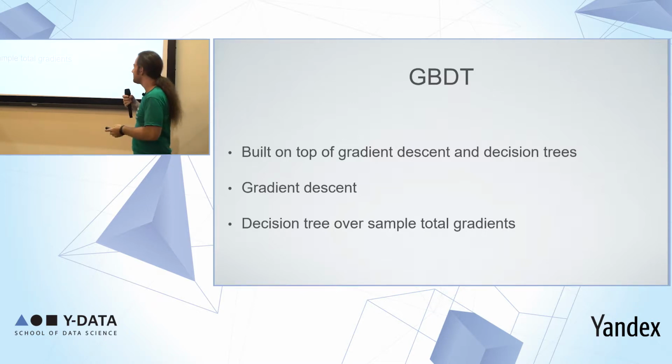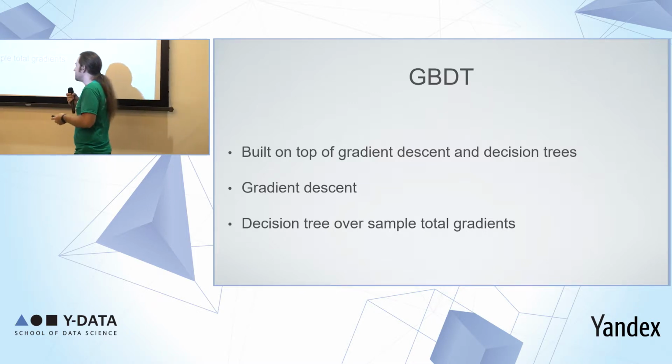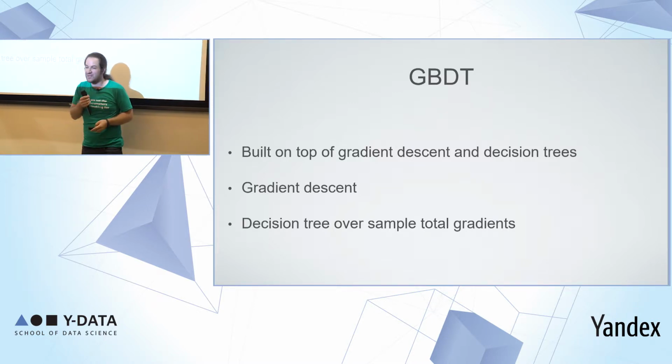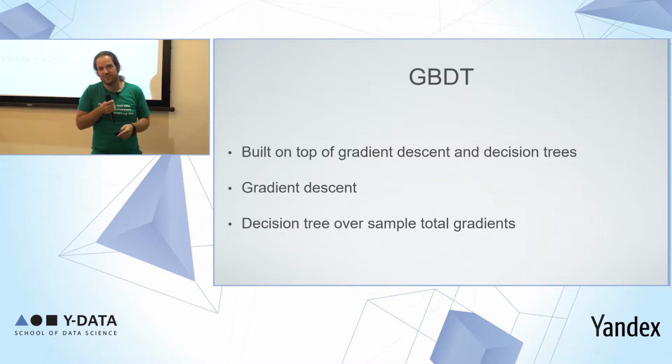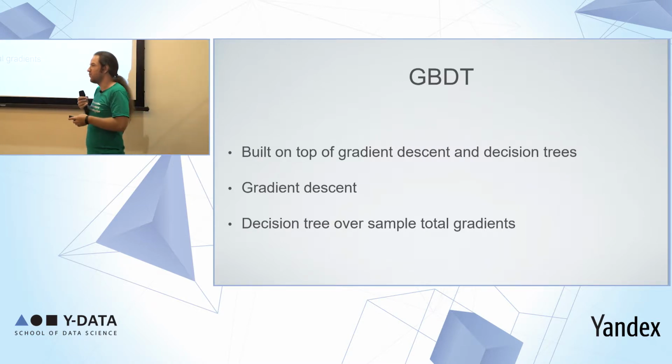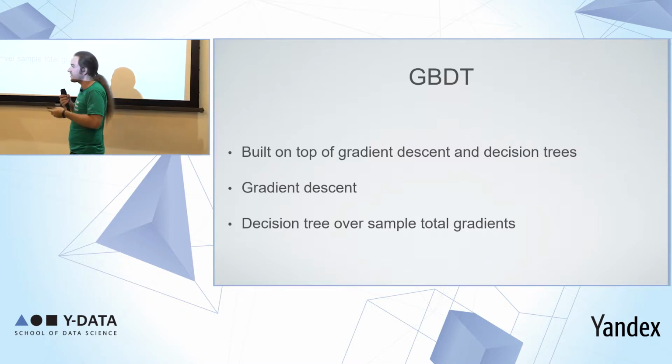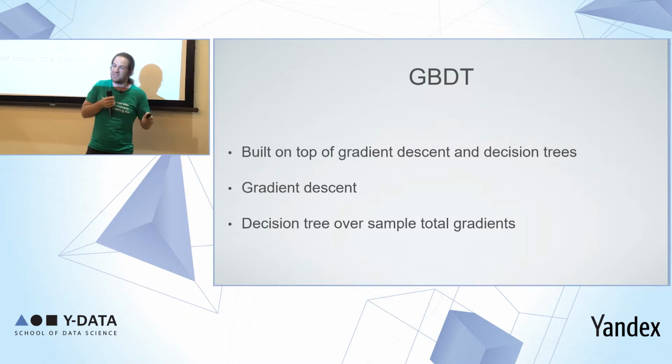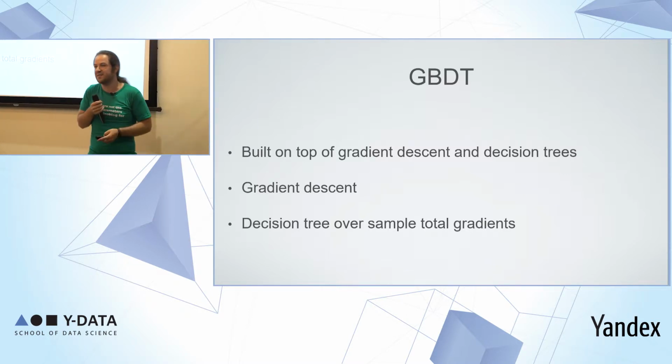The decision tree is trying to find regions of values where the target values are similar enough that we can say it's the same value.